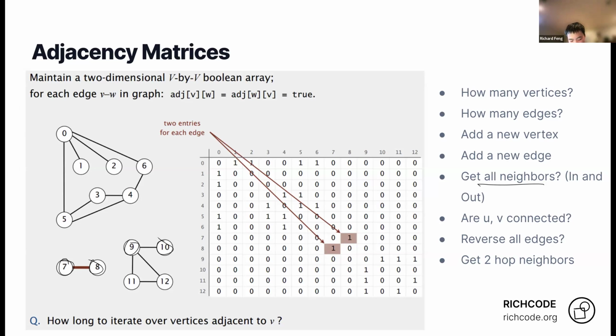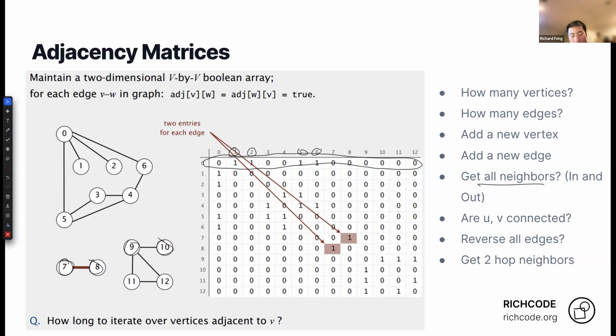So if we're considering 0, and if we're considering all the outgoing neighbors, we can just look at here. And wherever there is a 1, there is a neighbor. So in this case, 0 is neighbors with 1, 2, 5, 6. And those are just the outgoing neighbors.